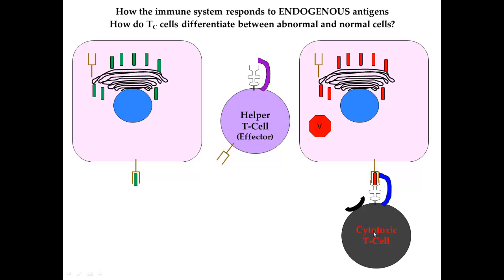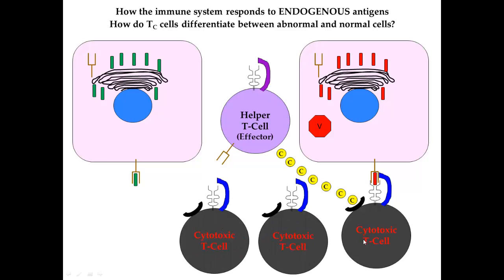Meanwhile, this cytotoxic T cell will be waiting for a response from helper T cells before it takes any effect. And you'll remember one of the things that an effector helper T cell can do is to send a cytokine signal that activates cytotoxic T cells. When this cytotoxic T cell becomes activated, it undergoes clonal expansion.